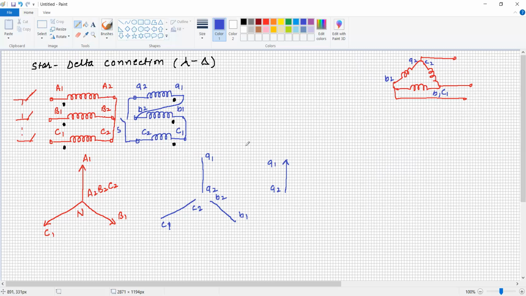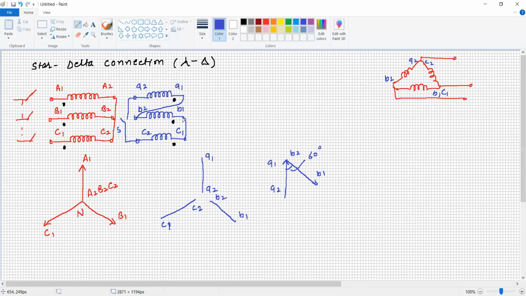A1 is connected to B2. So from A1, and this is B1. So this will be the B2 terminal. A1 and B2 are at the same point, and this is the B1 terminal. So the angle between them is definitely 60 degrees.